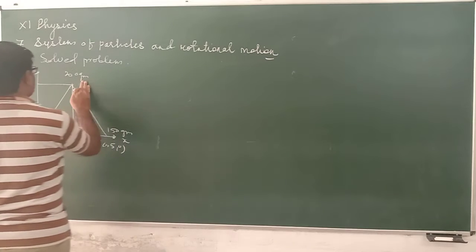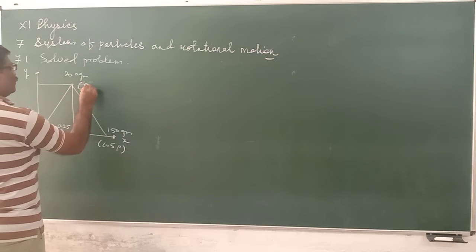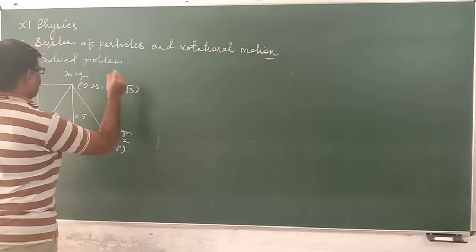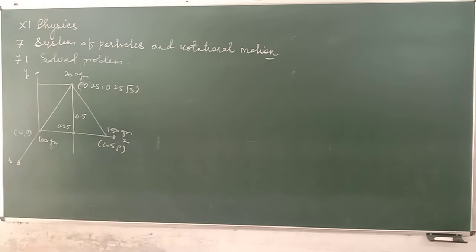The x coordinate here is 0.25 and the y coordinate is 0.3. You can find out this one. This is 0.5, this is 0.25. Automatically, this side will come as 0.25 under root.